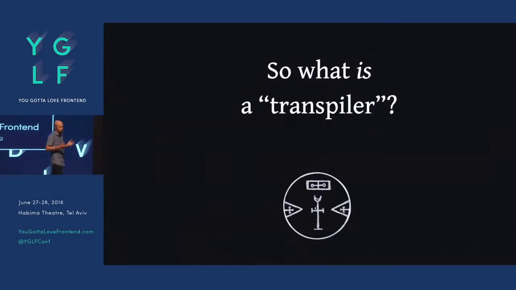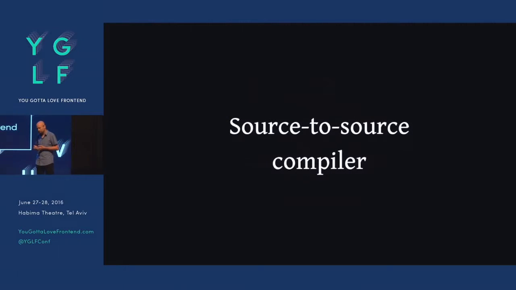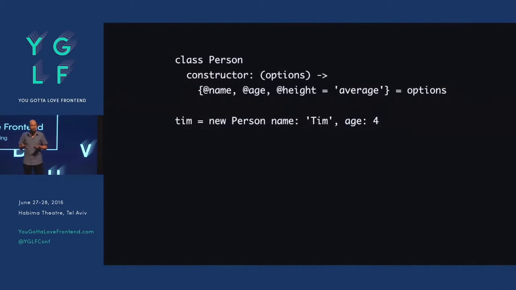But what exactly do we mean by the word transpiler? Simply put, a transpiler is a program which rewrites other programs. And that's why it's sometimes called a source-to-source compiler. We have, for example, our CoffeeScript snippet, like in this example.